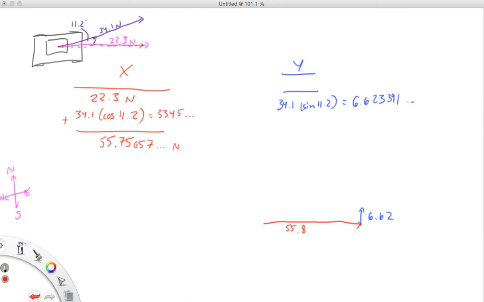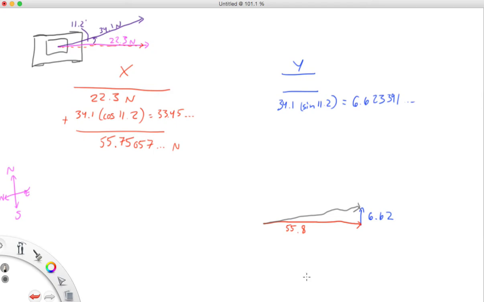So we want to know what the resultant is. The problem isn't over yet. The resultant is these two vectors added together. It's going to look something like that, except that's supposed to be a straight line. To figure out what this is, you do the Pythagorean theorem.